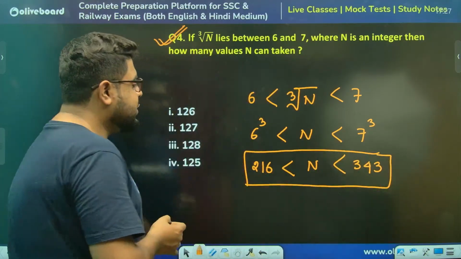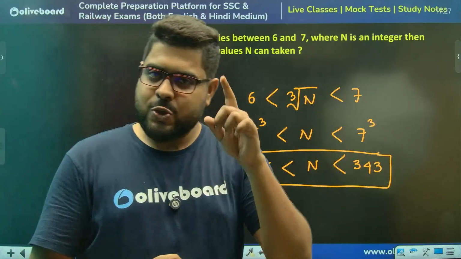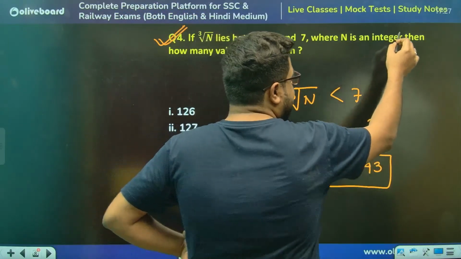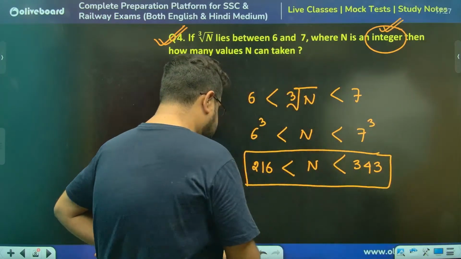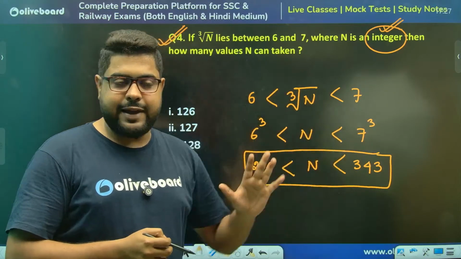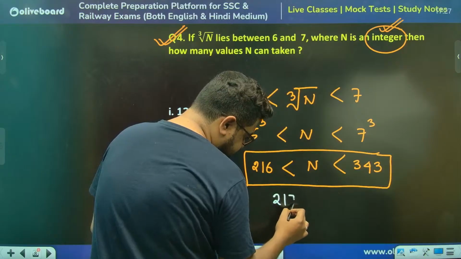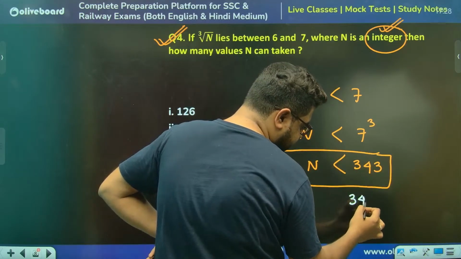But again, sir, 216 and 343 are not included. So n can take values from what? N is an integer, so n can only take integral values. The minimum value that n can take is 217. The maximum value that n can take is 342.